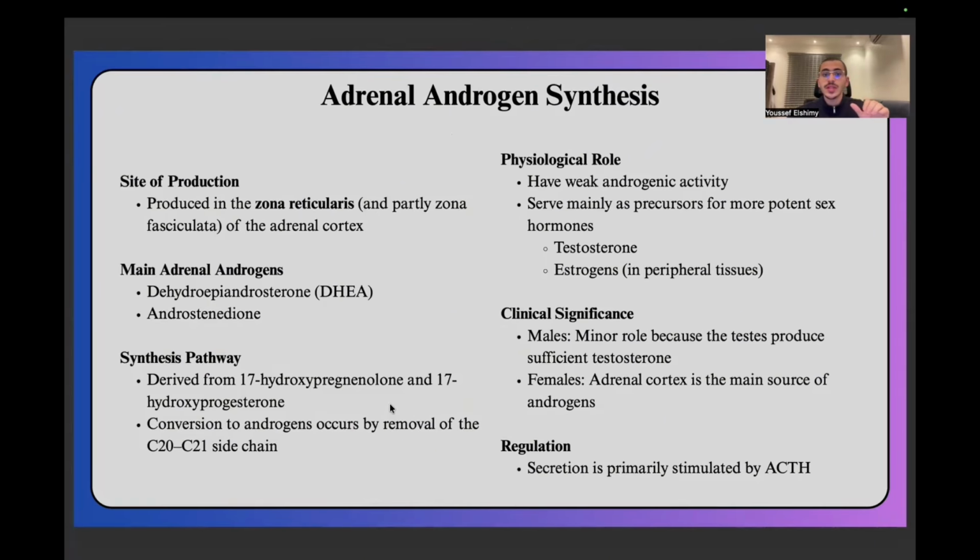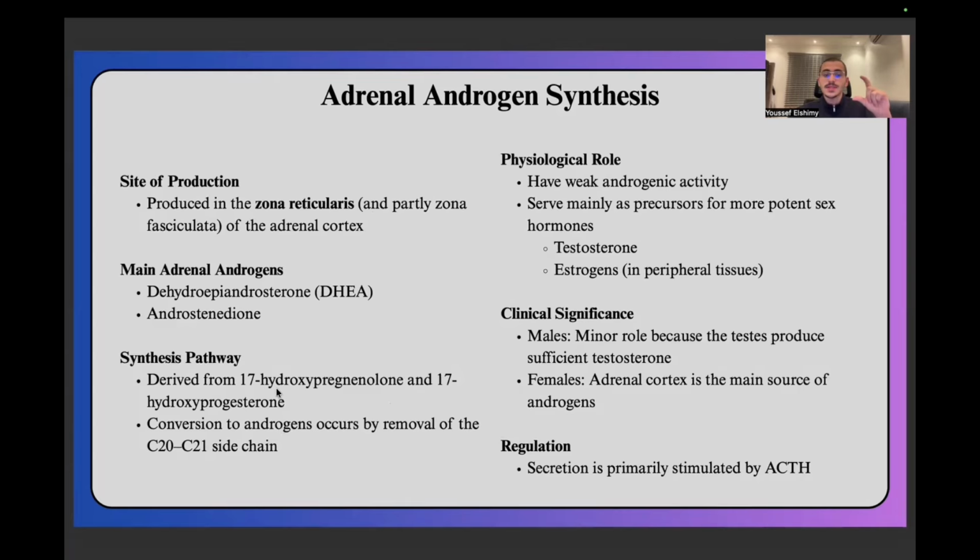Now moving on to adrenal androgens. Basically they are produced in the zona reticularis and partly the zona fasciculata of the adrenal cortex. We said that it produces DHEA as well as androstenedione. We're going to talk about the synthesis pathway, but basically it's derived from 17-hydroxypregnenolone as well as 17-hydroxyprogesterone.